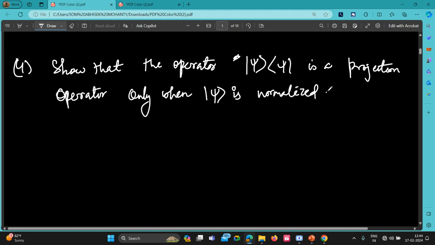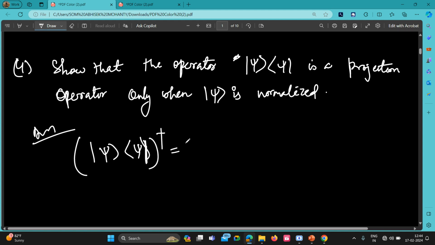Please try this question. First of all, psi dagger is equal to how much? Psi, because it's Hermitian.